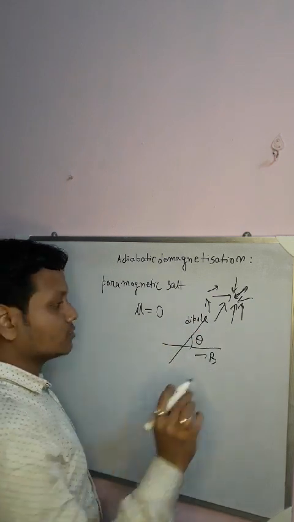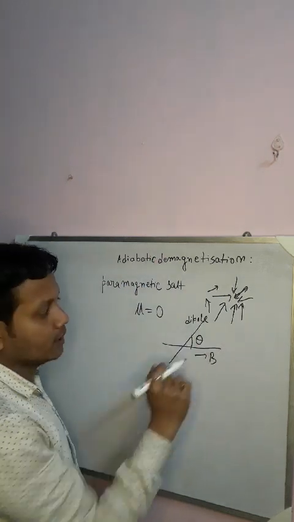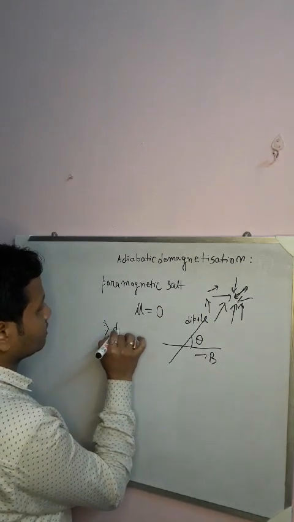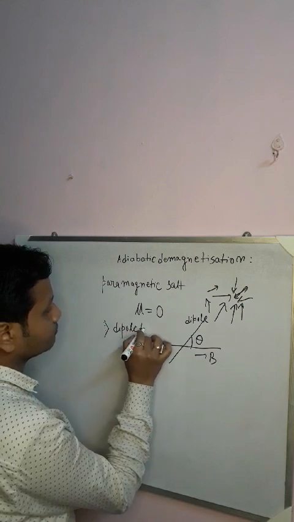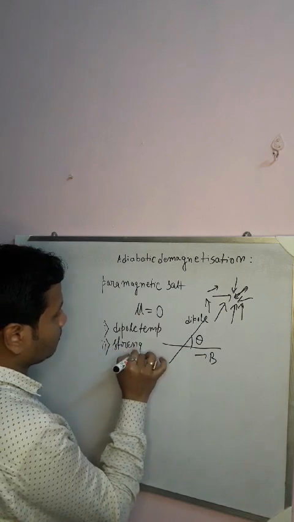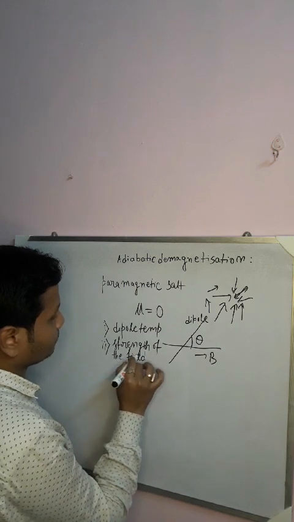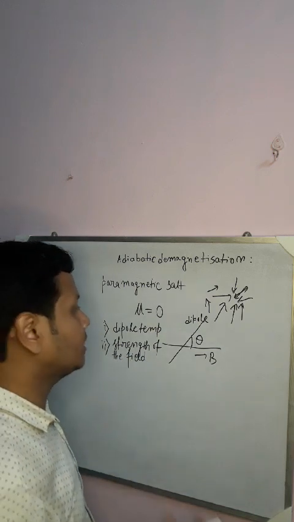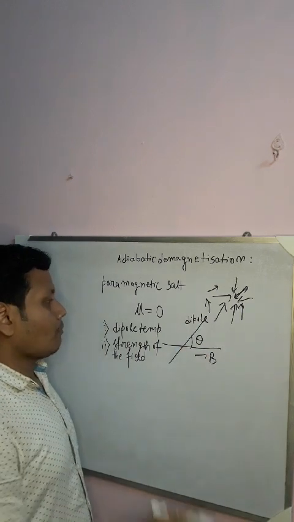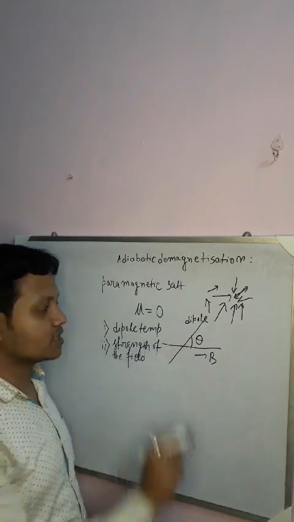This alignment of the dipoles depends upon two factors: one is the dipole temperature and another is the strength of the field.